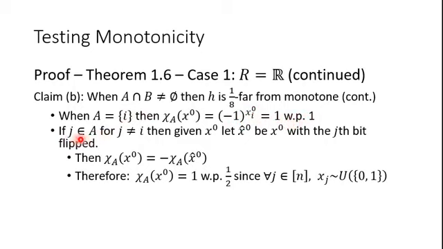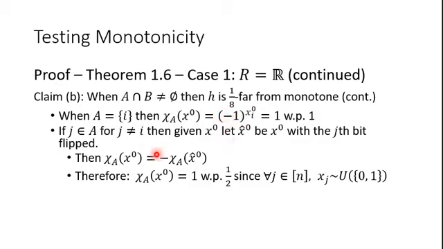Now let's look at some j for which j is not I, and it's in A. Then in this case, given x0, we can define x hat 0 to be x0 with the jth bit flipped. So in this case, we know that chi A of x0 equals minus chi A of x hat 0. And why is that? Again, because one of them will have, in the power of -1, an extra 1.